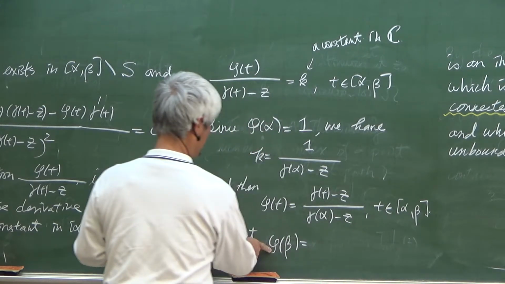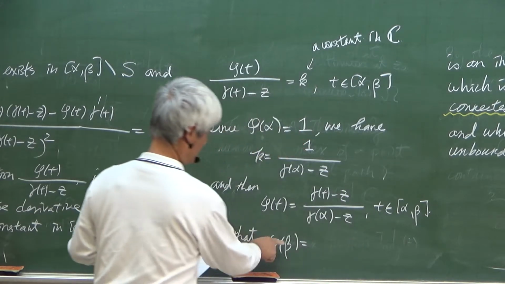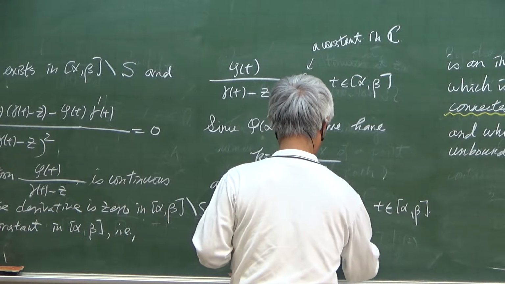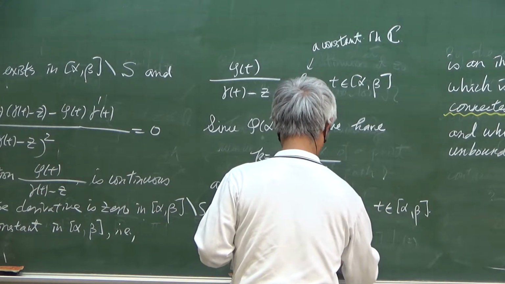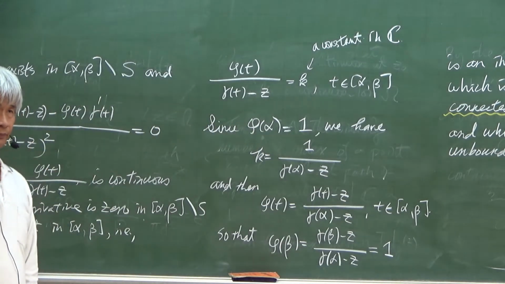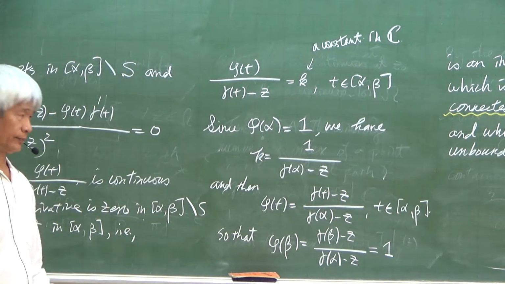Remember when we put t equal to beta here, we have gamma beta minus z over gamma alpha minus z equal to 1.